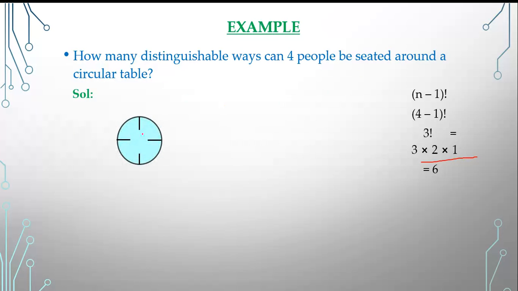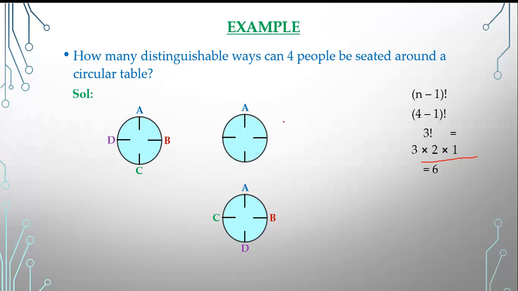See here, if this is our circular table and suppose we fix a person. First arrangement is like that, A B C D. Another way is that A is fixed here, A, B, D, C. Now another way is A, C, B, D. We can arrange here again A, C, D, B. We can sit like that at a circular table.